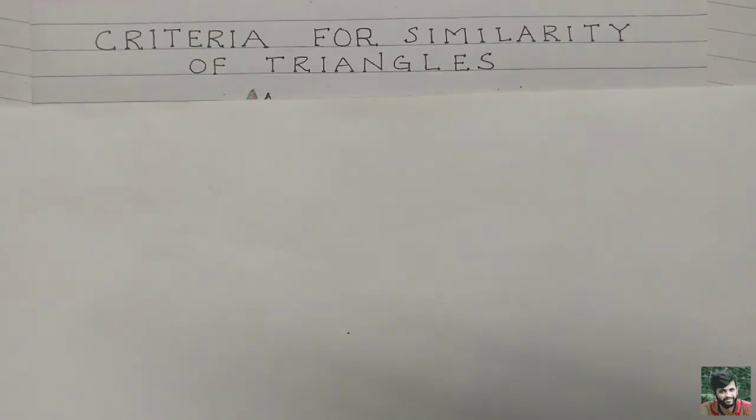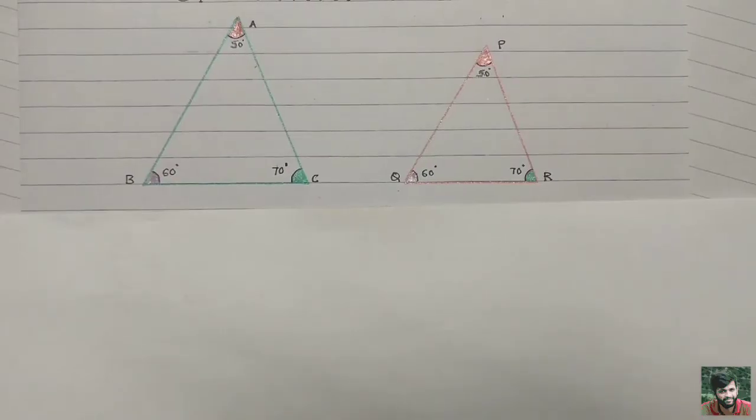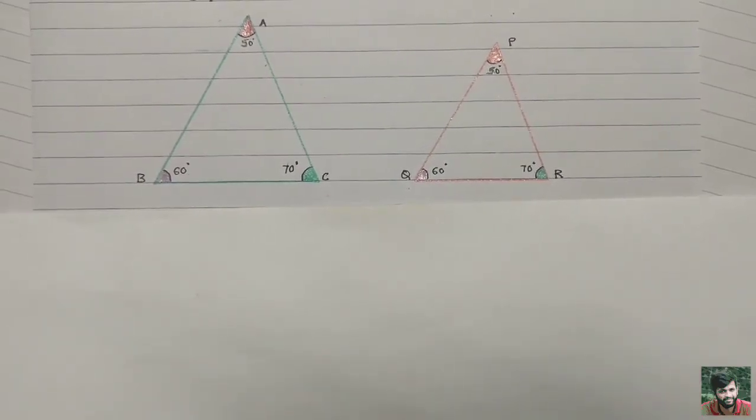So we are going to discuss criteria for similarity. For example, people who want to vote in India have to be legally 18 years of age to start voting, which means that age is the criteria to vote. Let us look at the first criteria for similarity of triangles.